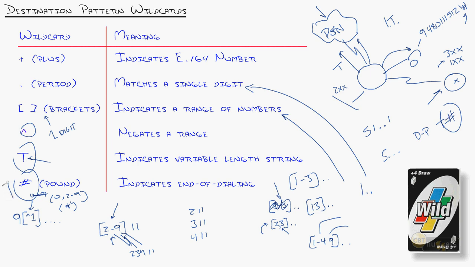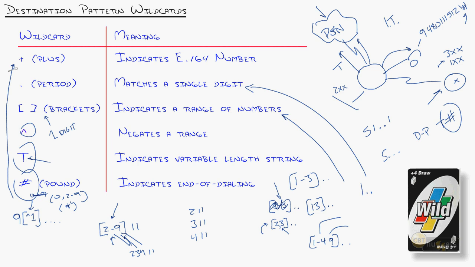Last one, I kind of skipped over it because it's kind of a nonsense wildcard. You can put a plus at the very beginning of the destination pattern or at the end. It doesn't mean anything. I shouldn't say mean. It doesn't do anything. It's more of like a note. This is an E164 valid number, meaning it adheres to the E164 standard.